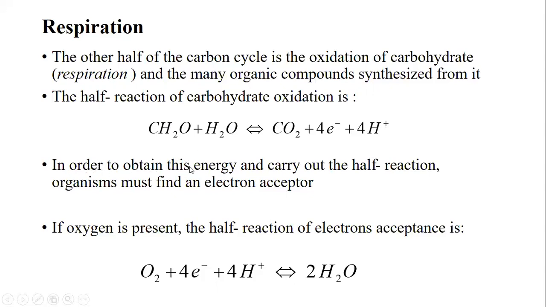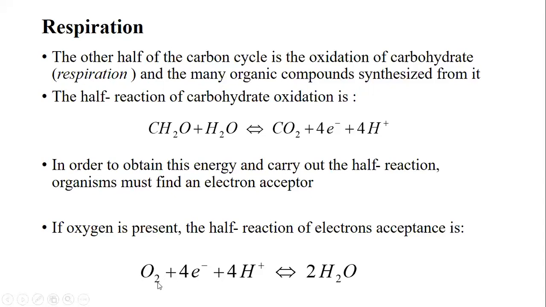In order to obtain this energy and carry out the half reaction, organisms must find an electron acceptor. If oxygen is present, the half reaction of electron acceptance is O2, of course. O2, remember, has 0 valence. When it takes electrons, it becomes an ion in water carrying 2 negative charges.